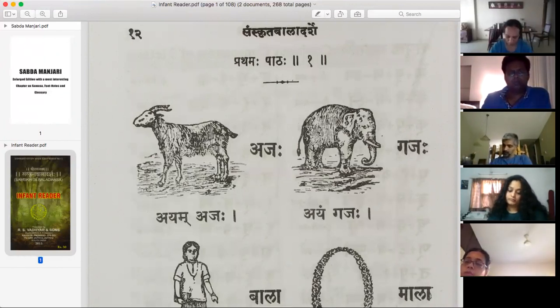Present tense, singular. So verbs also, they are identified based on their endings.